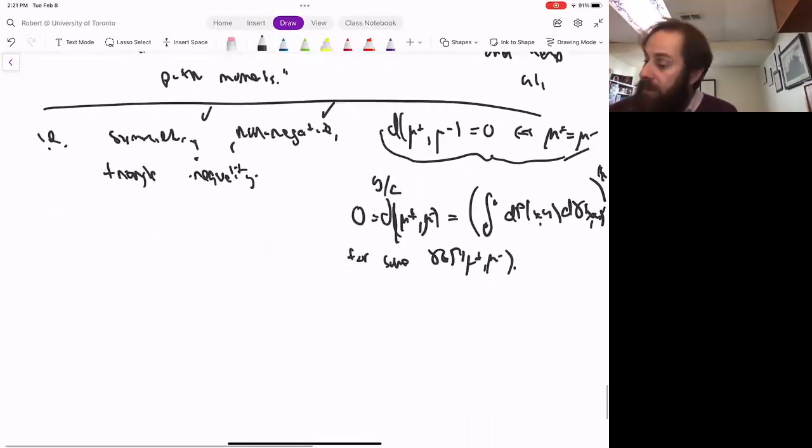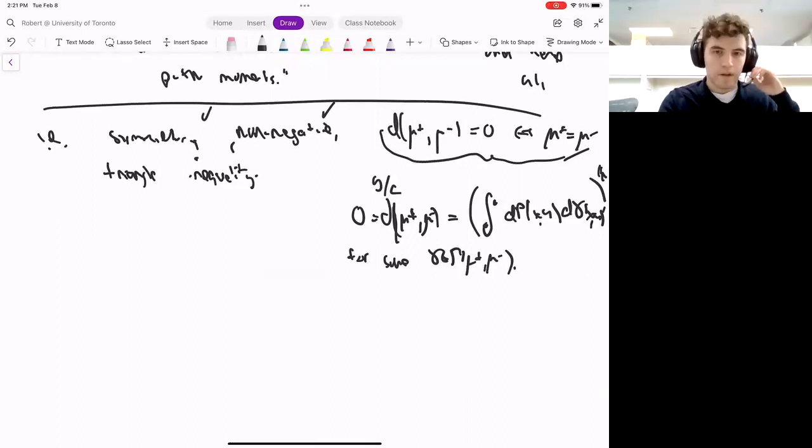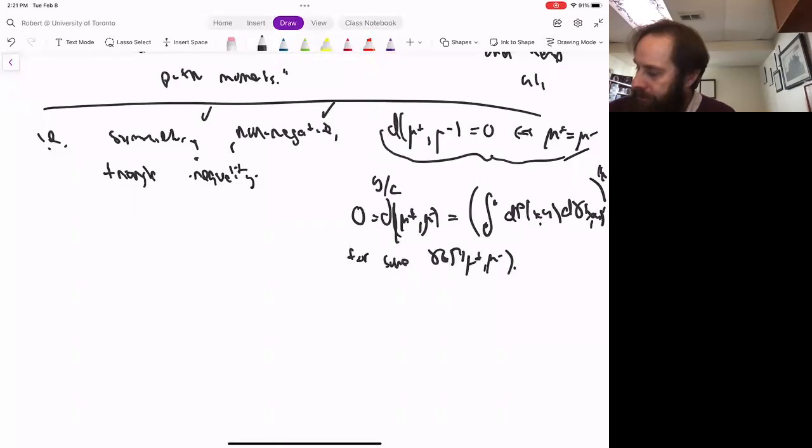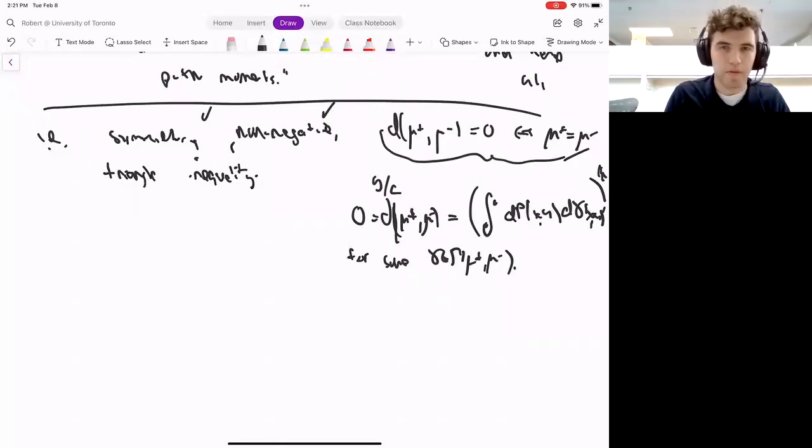And so how can anyone see how to finish the argument from here? In the definition, you know that dp of mu plus and mu minus is equal to 0, and we've defined it as this integral. It's the integral of something that's non-negative, so you know that the integrand has to be 0 almost everywhere.